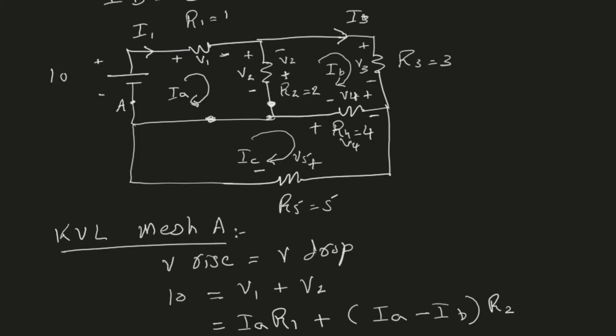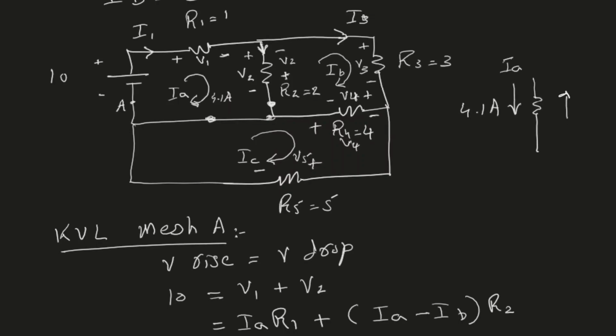The current in resistor R2 is shown over here with this arrow. This is the current in R2. And this current will depend on IA and IB. I have shown the direction of this current to be flowing downwards because I know that IA is 4.1 ampere, whereas IB is only 1.1 ampere. So we have 4.1 ampere in this resistor going down. Okay, so this is the IA term.